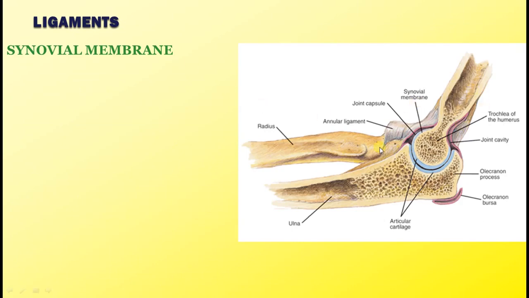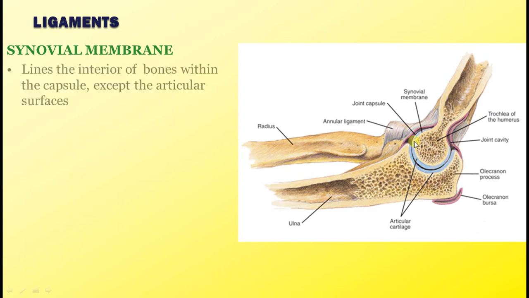The interior of the joint cavity is lined by the synovial membrane, that pink colored one. After lining the interior of the capsule, it reflects onto the bones, a little bit onto the coronoid process and the olecranon process. But you see that pink color is not seen along the articular cartilage.